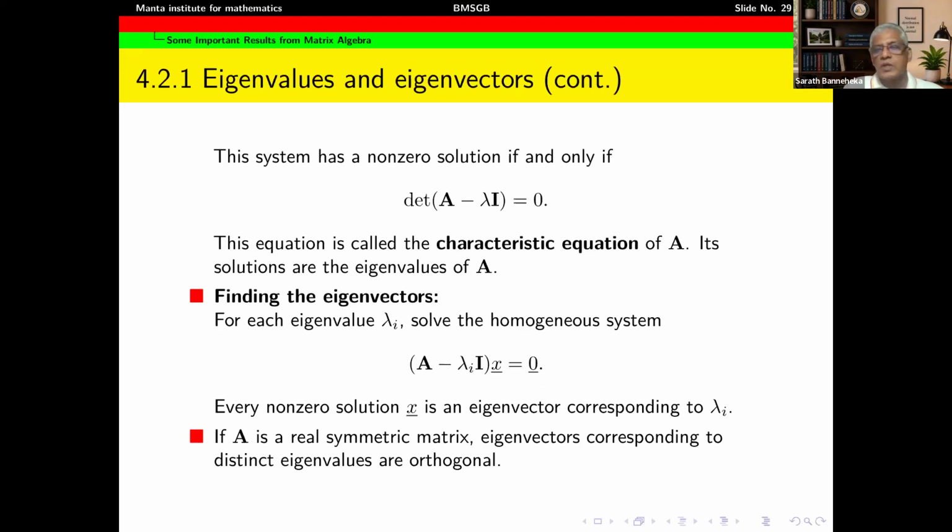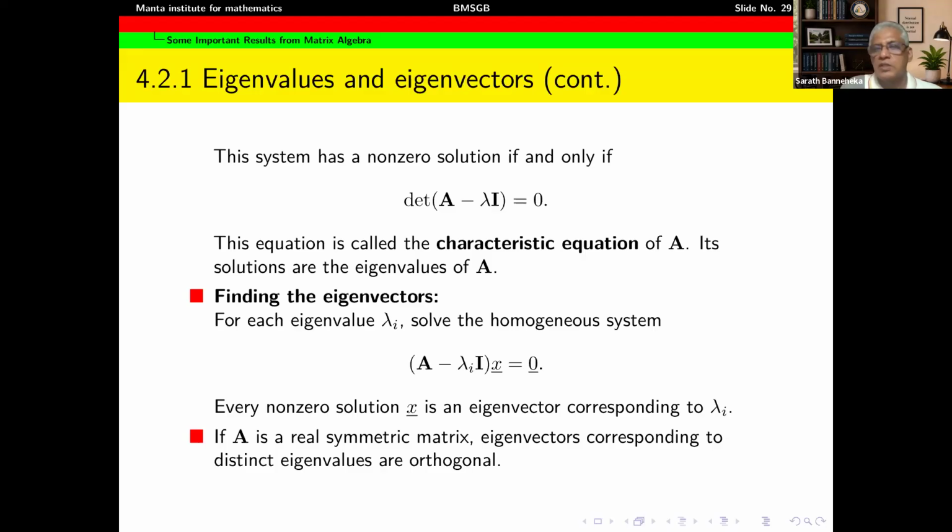A special situation occurs if this matrix A is a real symmetric matrix. Eigenvectors corresponding to distinct eigenvalues are going to be orthogonal. Orthogonal means they are going to be perpendicular vectors. And also we can standardize them so that the squared size of that vector is equal to 1.